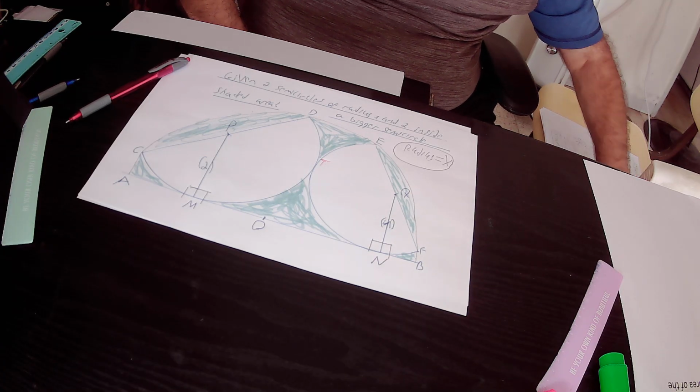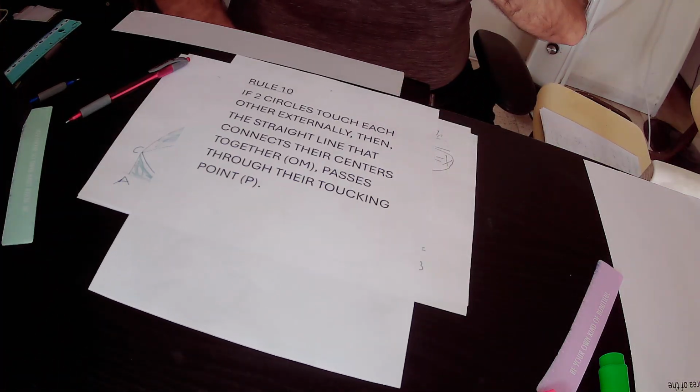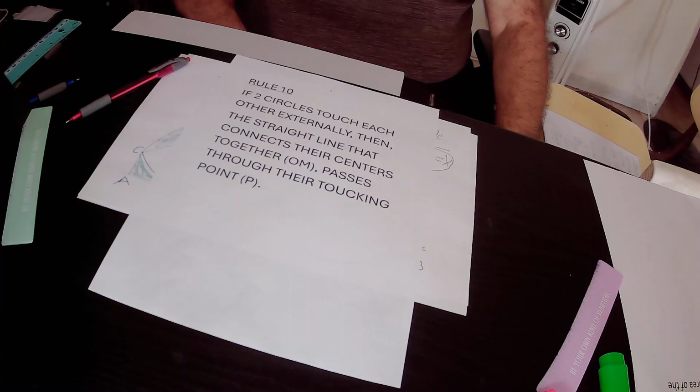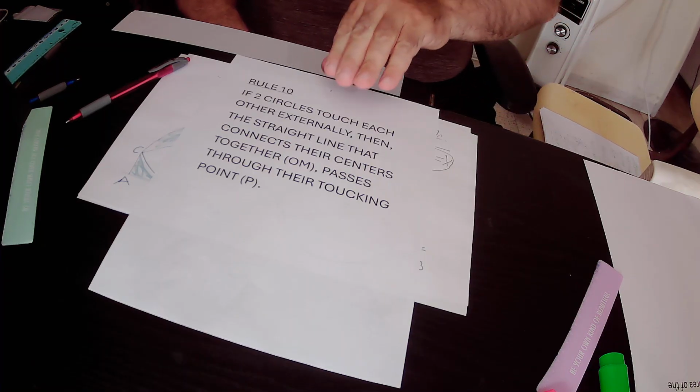According to rule 10, if two circles touch each other externally, then the straight line that connects the circles together passes through their touching point.